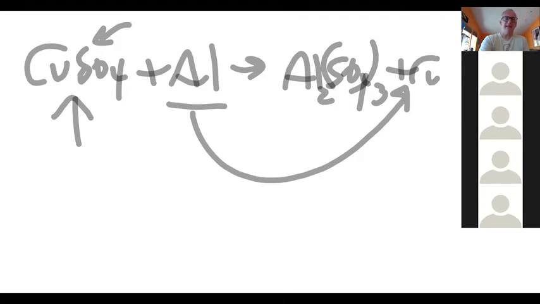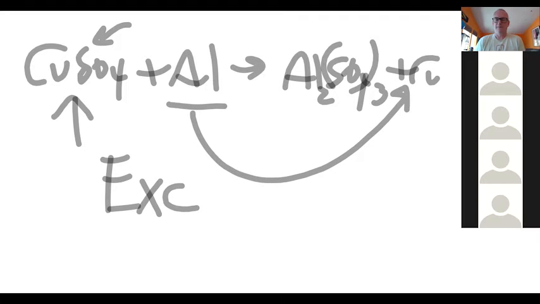It starts with E. I want to have that much copper sulfate. Oh man, Wheel of Fortune, you guys would stink at Wheel of Fortune. Is it excess? Excess, that's exactly what we're looking for.